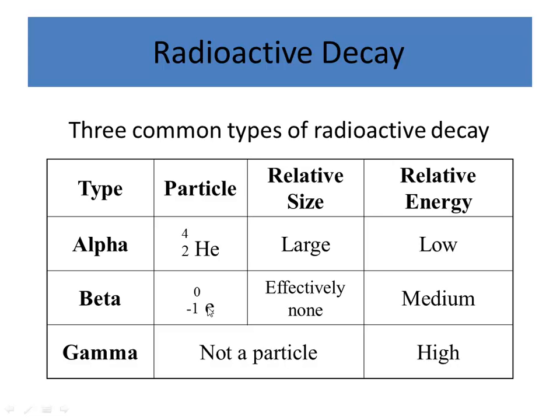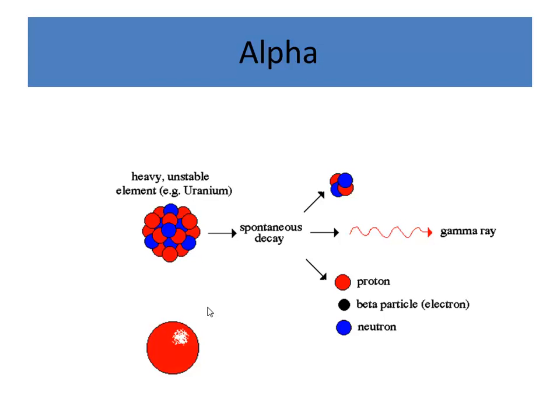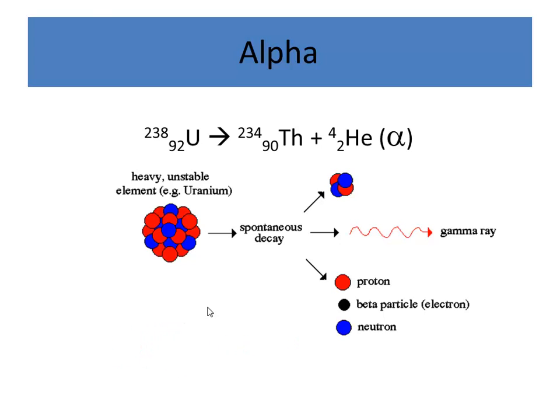A beta particle is like the baseball of nuclear decay. If you can imagine getting hit with a baseball, that hurts, right? That does not feel good. And a gamma particle is like the bullet, and it's actually not a particle at all. It's just high energy. So, moving forward, alpha decay.